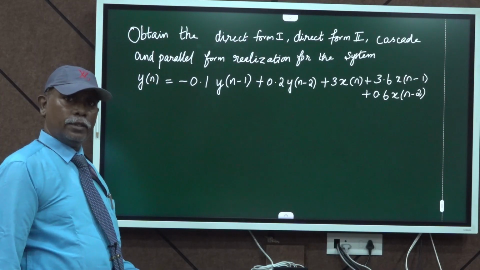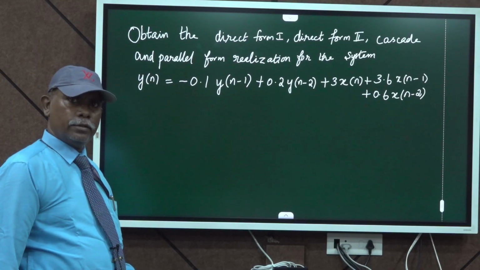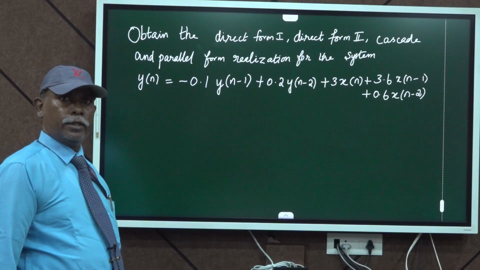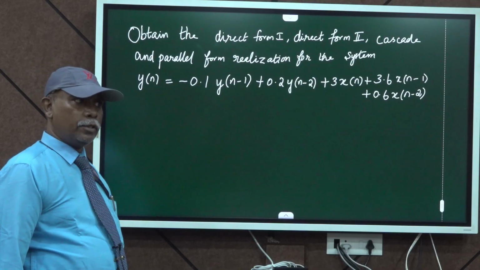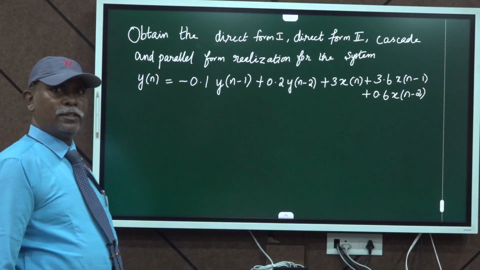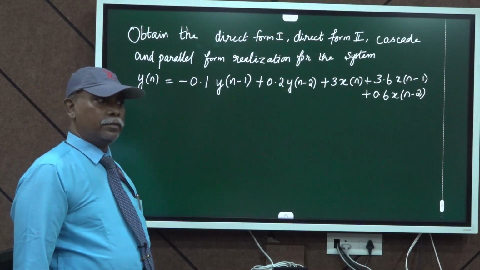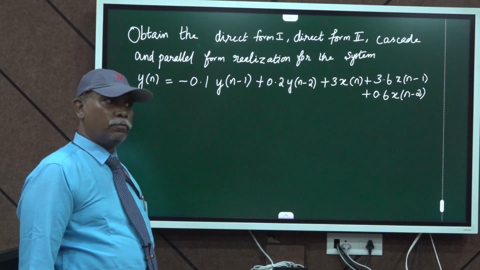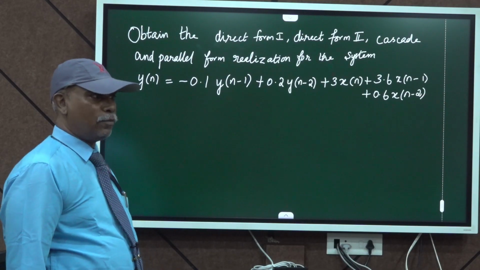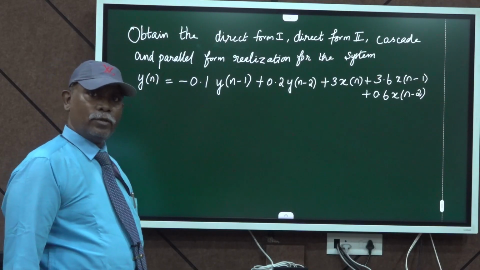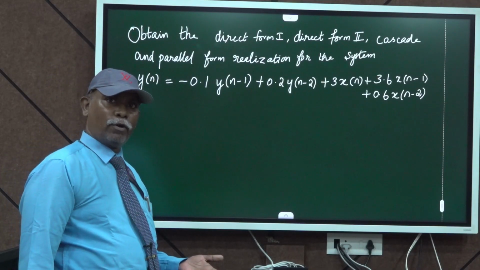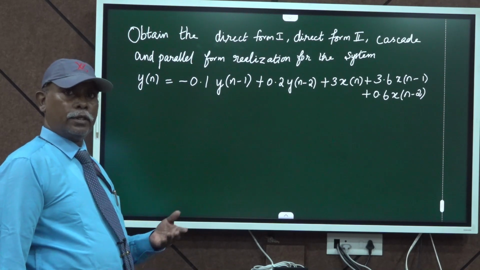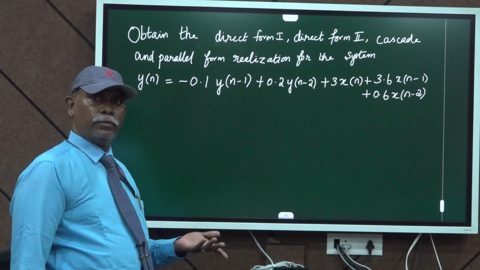The system has an input x of n, an output y of n, and an impulse response h of n. x of n is your speech signal. h of n is your cell phone, having filter coefficients. Your speech is convolved with the filter coefficients and goes outside, which is called the output response y of n.